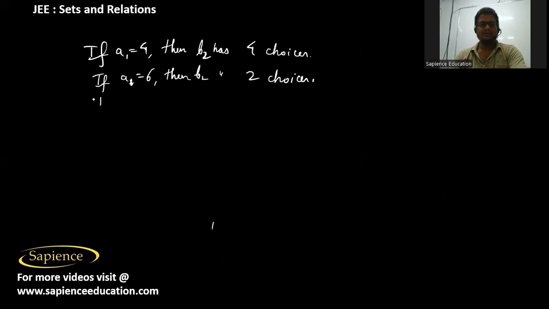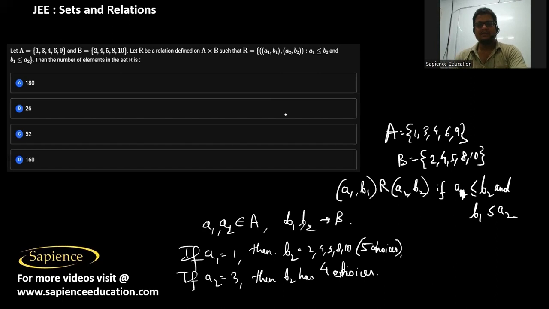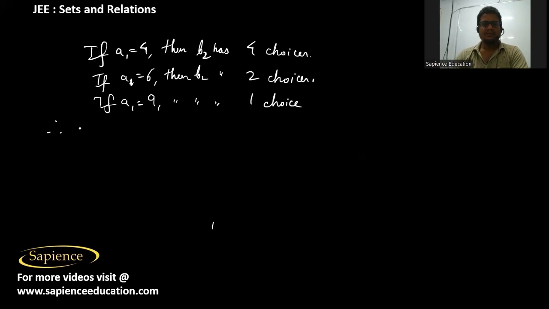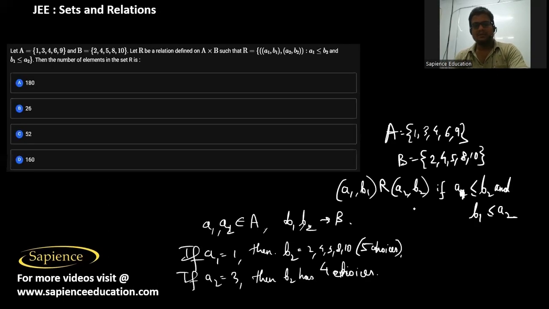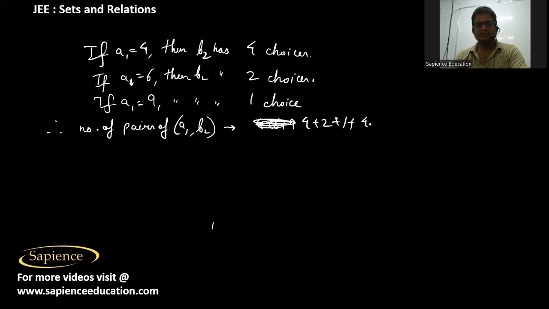And if a1 is equal to 9, then b2 has only one choice, which is 10. So therefore the number of pairs of (a1, b2) will be 4 plus 2 plus 1 plus 4 plus 5, which is 5 plus 4, 9 plus 1, 10, 16 choices. So there are 16 such pairs of (a1, b2).